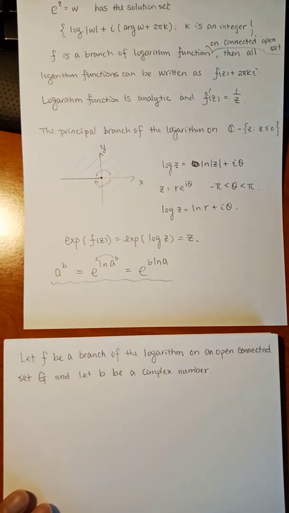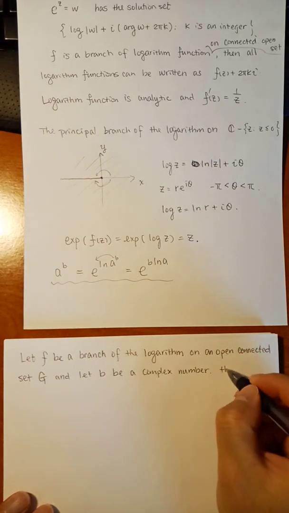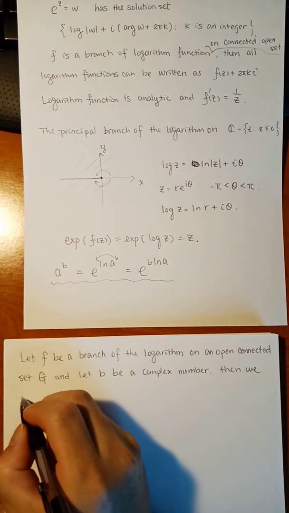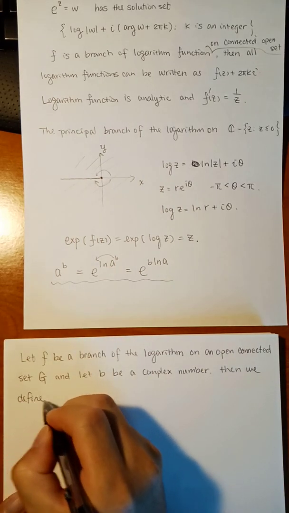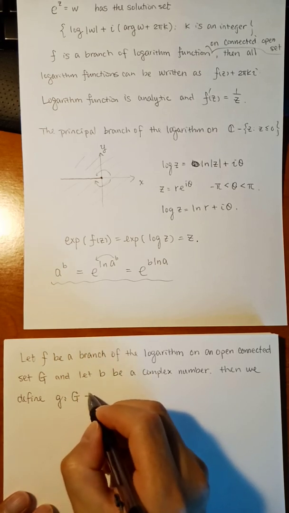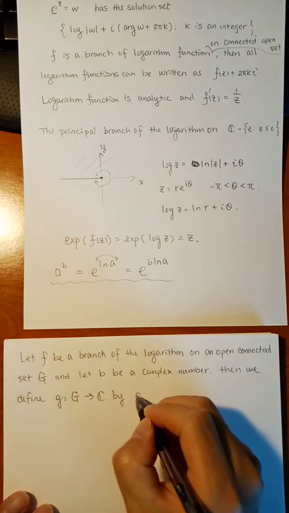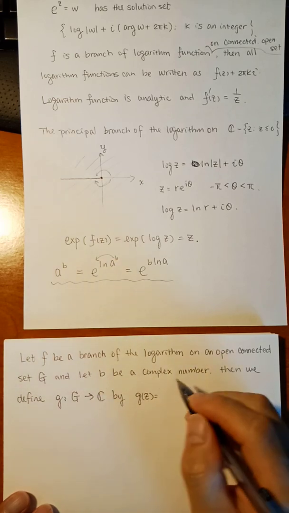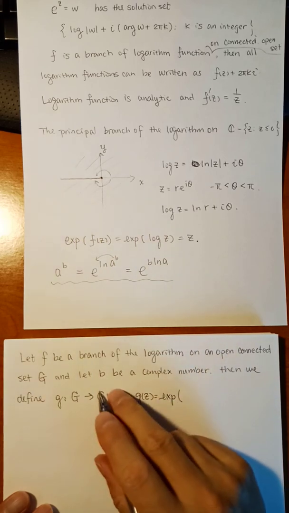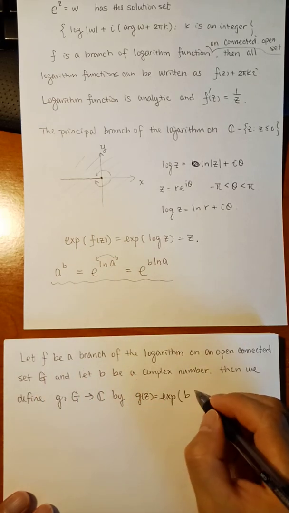All right, and then we define a function g from the set G to the complex numbers by g of z equal to the exponential of b times f, where f is a branch of the logarithm.